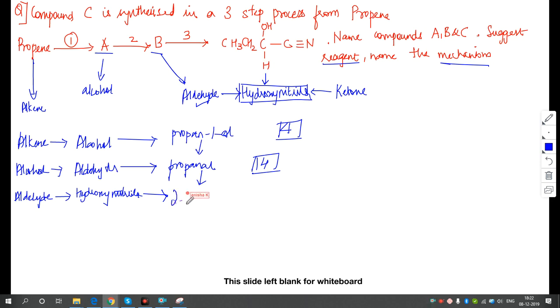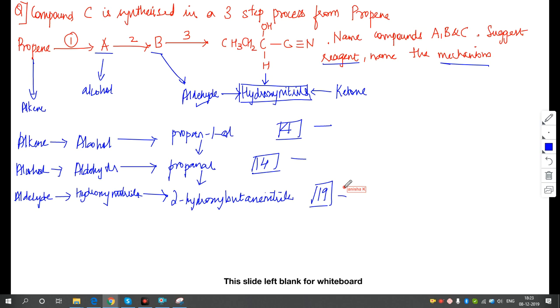So the name will be 2-hydroxybutanenitrile. If you want, you can check reaction number 19. Now check the table and tell me which are the reagents and what is the mechanism used here.